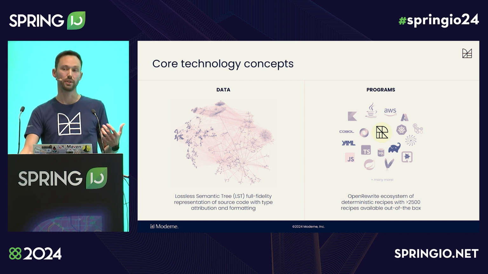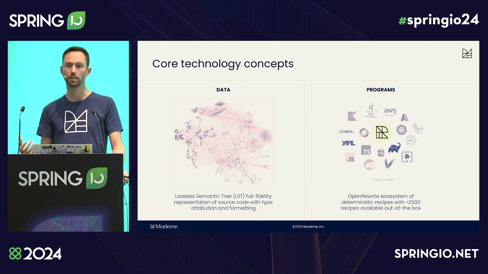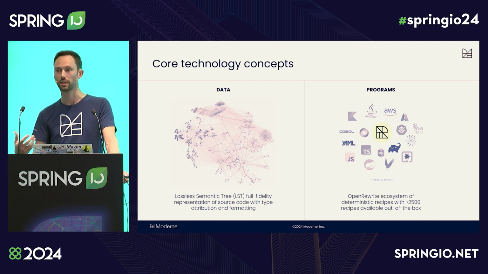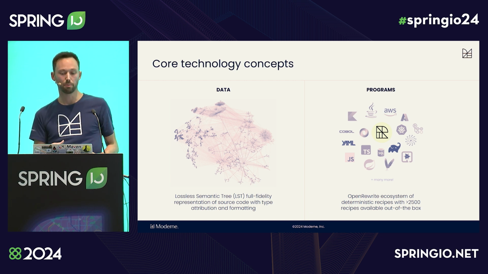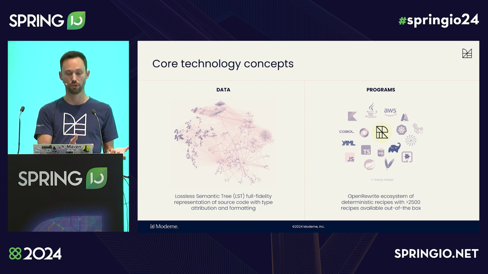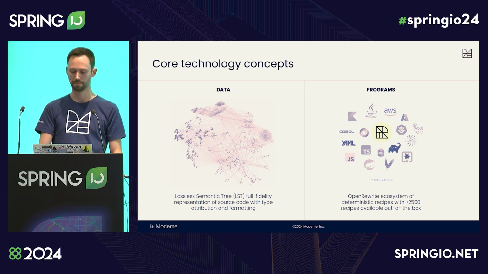And we then use the visitor pattern to traverse that model and modify it before writing out the changes as closely as we can get to the original source code. And we use this to automatically migrate a host of languages and technologies, such that you can upgrade or you can secure your applications and you can improve code quality.